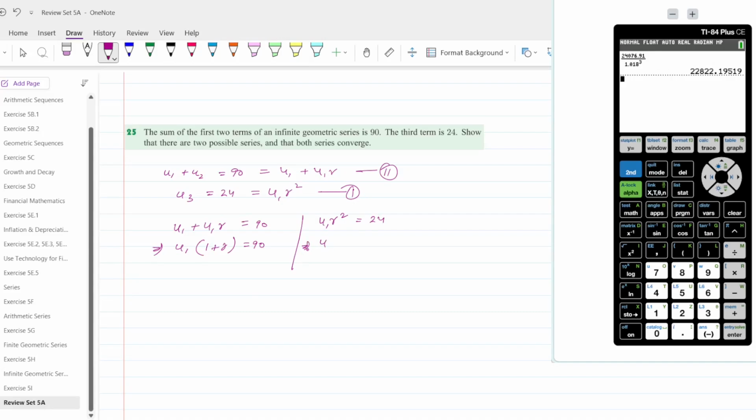So from here u1 is 24 divided by r square. If we substitute the value of u1 from here in this equation, we get 24 divided by r square times 1 plus r equals 90. So 1 plus r divided by r square equals 90 divided by 24, or 24 plus 24r equals 90r square.